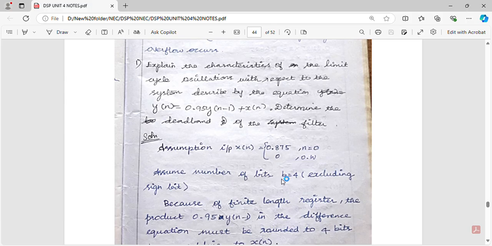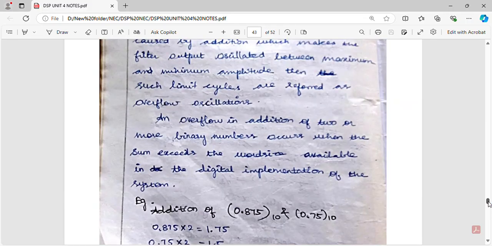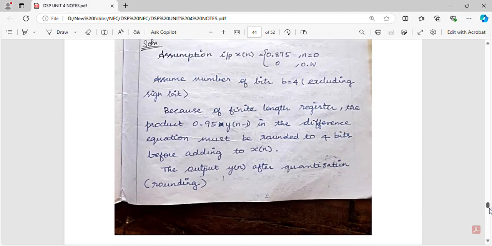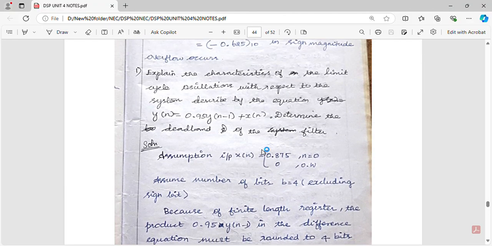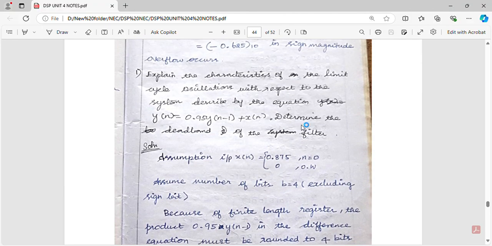In the next step, in the first order expression we have only one product term, that is 0.95 into y of n minus 1. So after finite precision arithmetic, we have the error in that term alone.